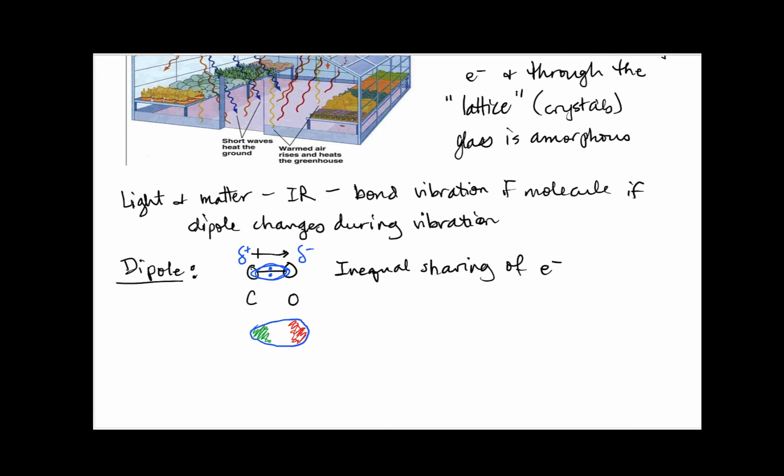And that's where we end up with our partial positive charge from the lack of some electron density over here on the carbon and a partial negative charge on the oxygen as more of the electron cloud is hanging out by the oxygen. And the way that we pay attention to the difference between these two is based on the electronegativity of these two atoms.